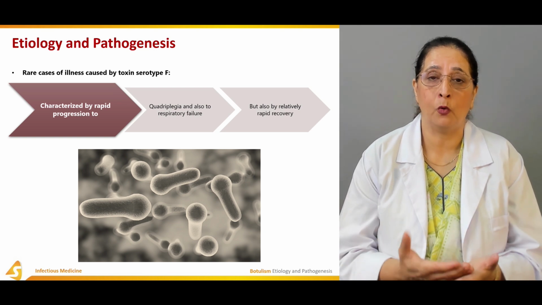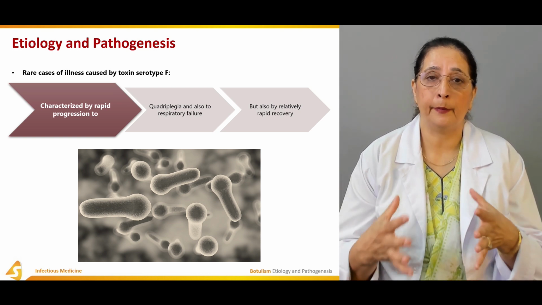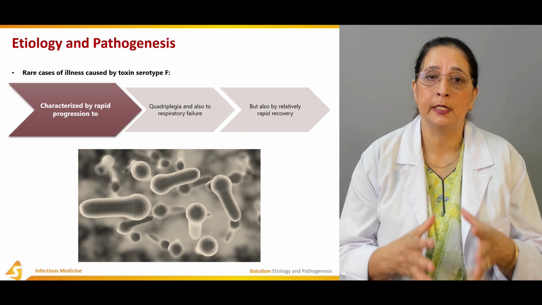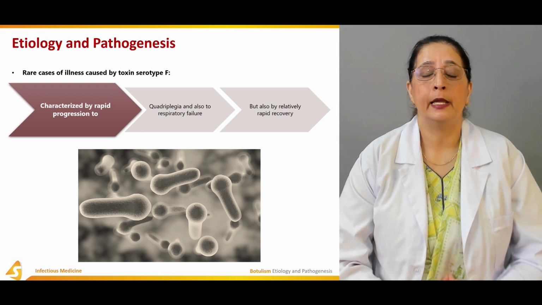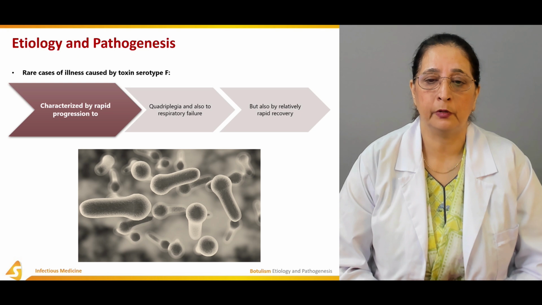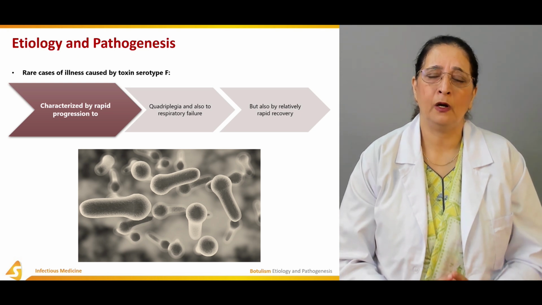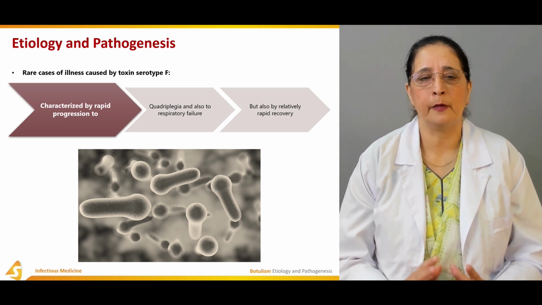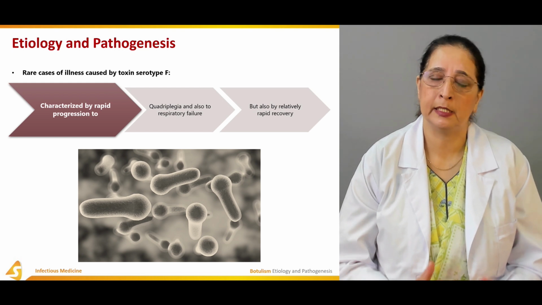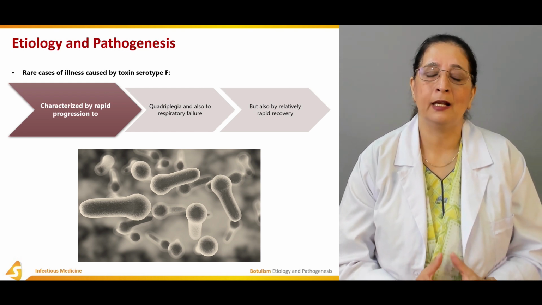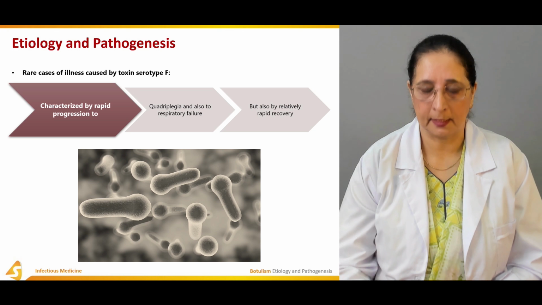Quad means four, so all four limbs are paralyzed, and it can cause respiratory failure. These are to some extent serious, but serotype A causes the more serious disease.